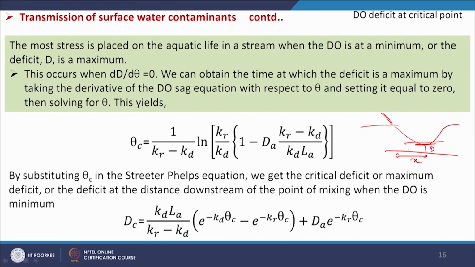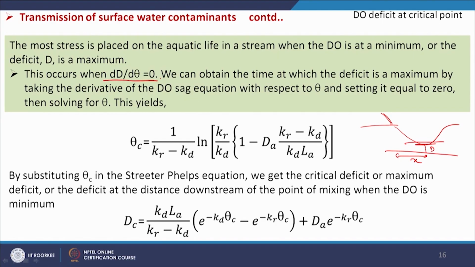We have a mathematical expression with time and D in the water. Now, if we want to get this point, then dD by d theta should be 0.